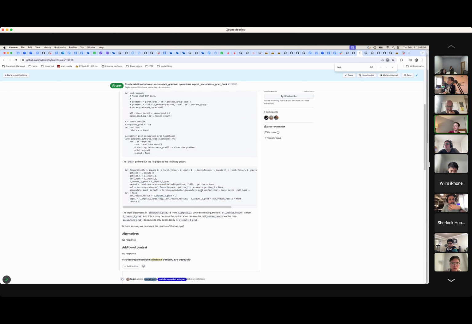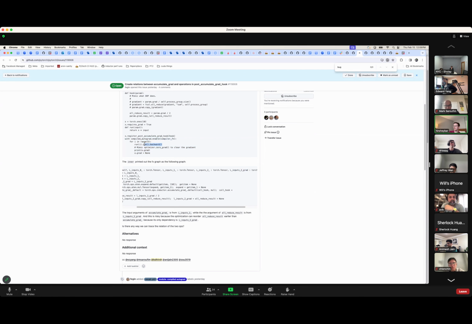One is that there's this accumulate grad node in the graph, which is expected today because there's a primitive op for that. The other interesting thing is that if you look at the graph inputs, there are L inputs 0, 1, 2, and then there's this fourth argument, which is L inputs 2 grad. And that is already a bit strange.